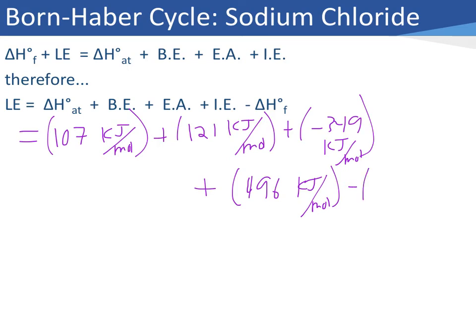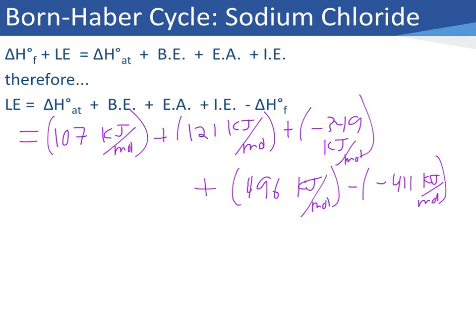The delta H of formation for sodium chloride is negative 411 kilojoules per mole. I think that value is either going to be in the data booklet for some compounds, or it will be given in order to find the lattice enthalpy.